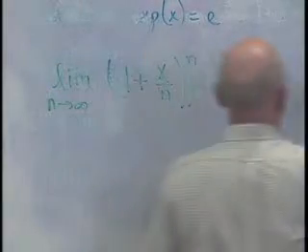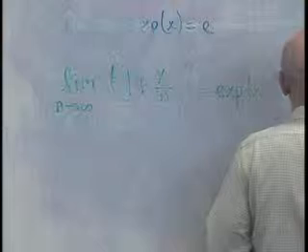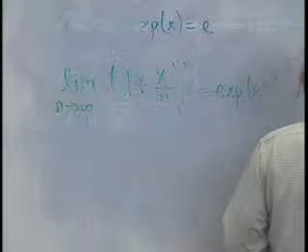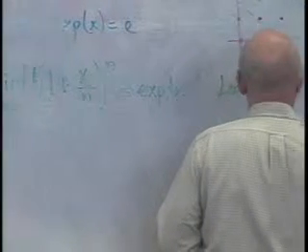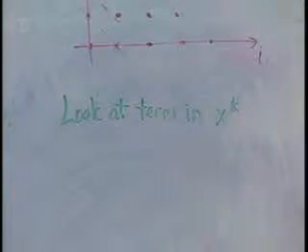This is a very popular definition of the exponential function, but having used a different definition, I have to prove this as a theorem. And here's how I'm going to do it. I'm going to look at the term in x to the k. I should fuss about absolute convergence here in order to convince you that this proof is valid, but I'm not going to.